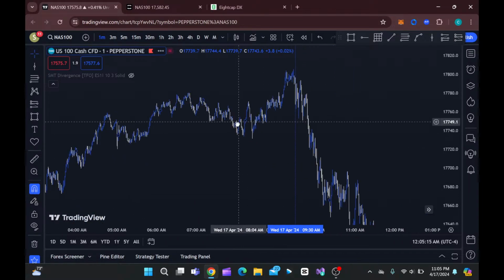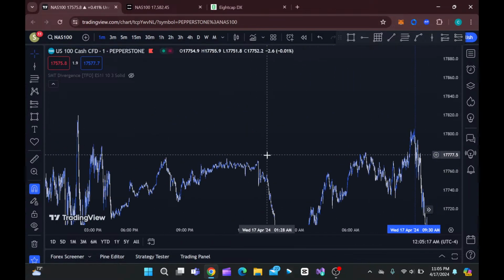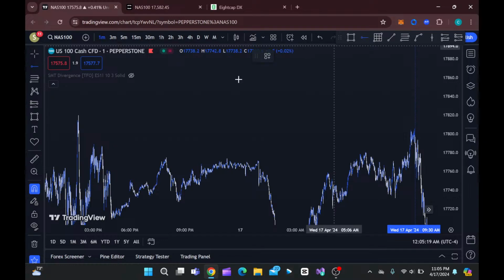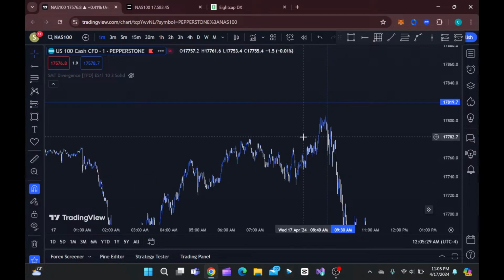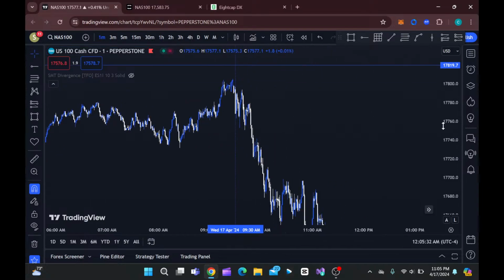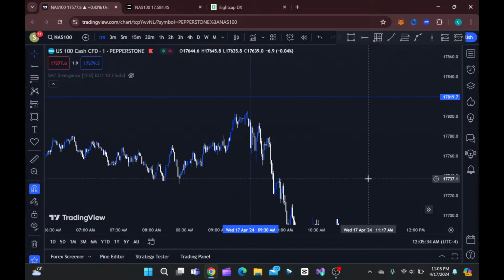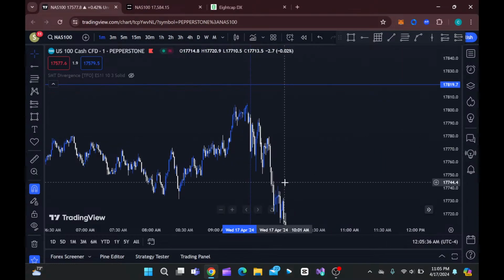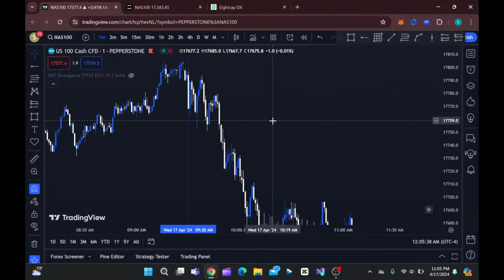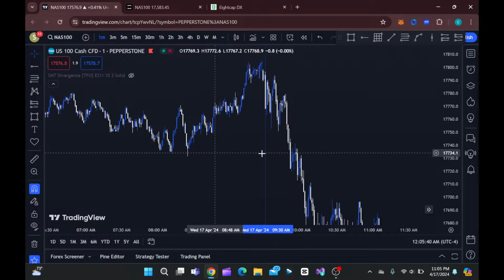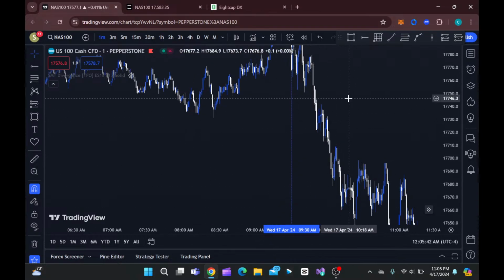This is what happened today. We came up, created these somewhat equal highs. And how the heck, bro? And I was bullish for the day. Didn't see any setups. Boom, this got swept. I was looking for setups here.